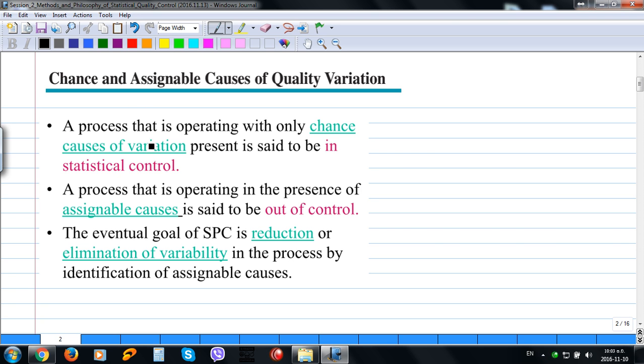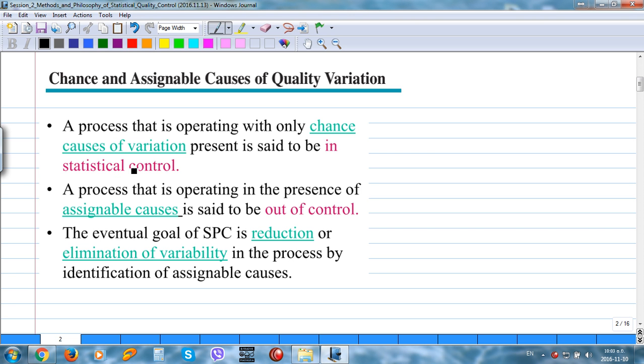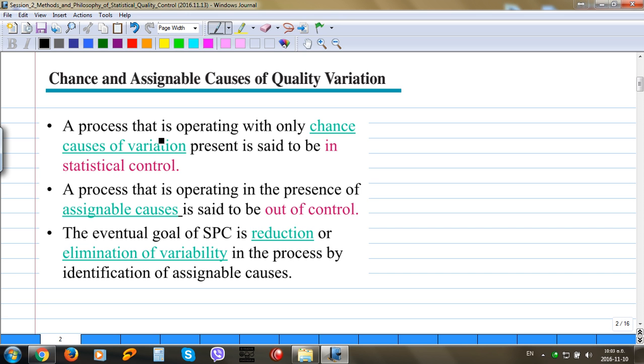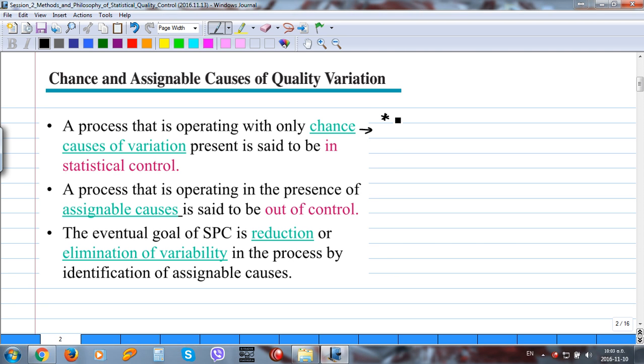Even here, some amount of natural variability can exist, but comparatively that is very small.